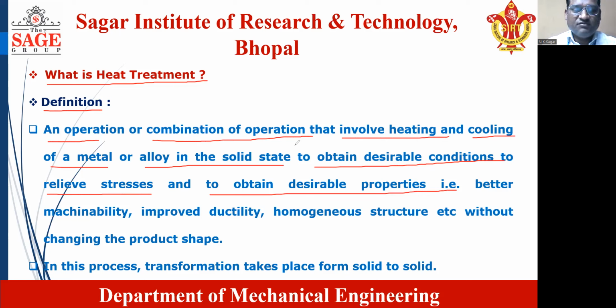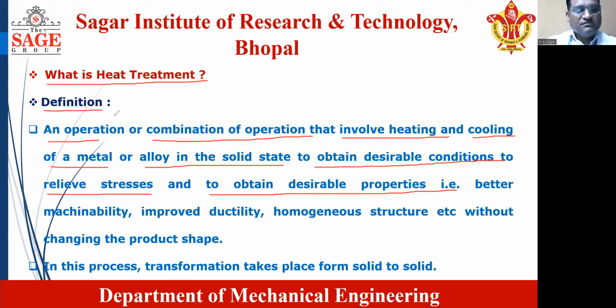With the help of the example, we understood the heat treatment process, and you have seen that before adding heat, the wire was solid, and after adding heat and the quenching process, the shape does not change.